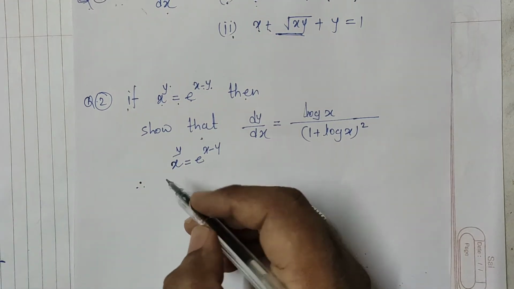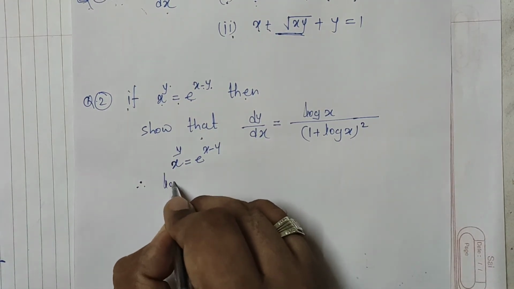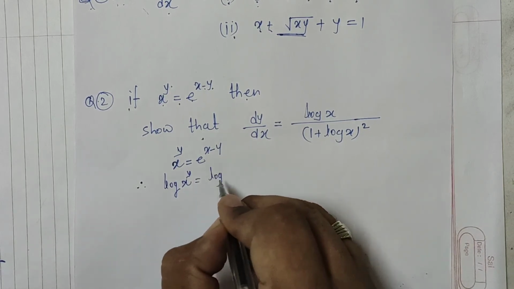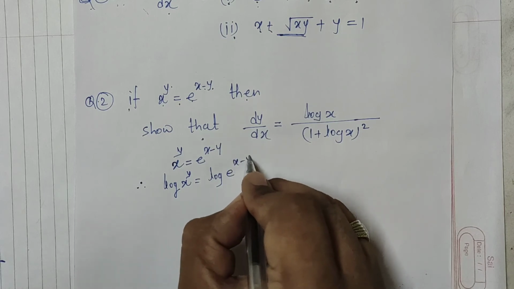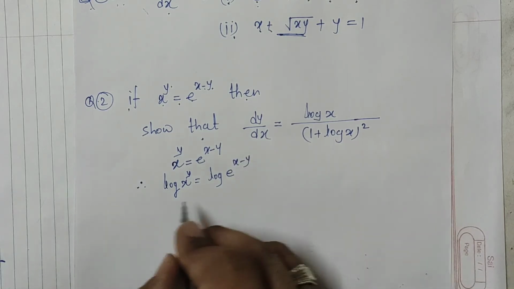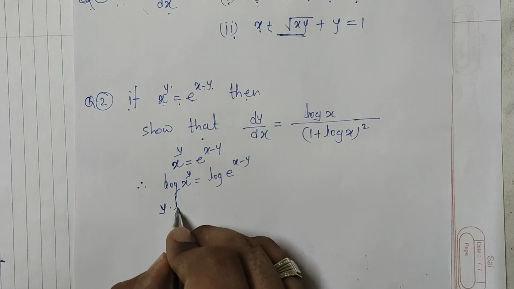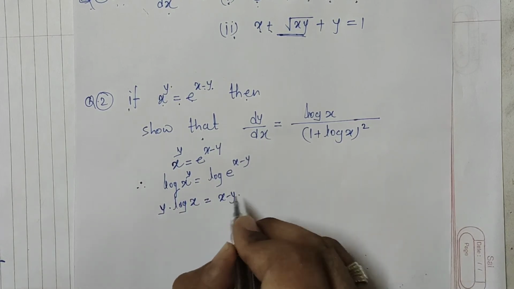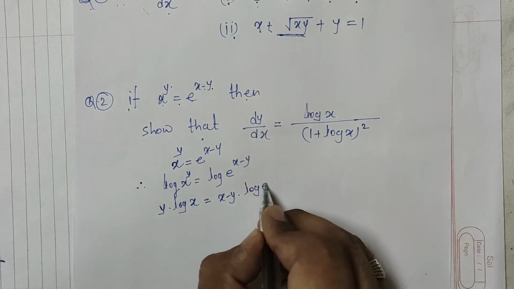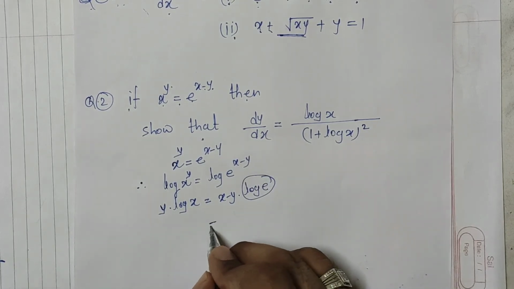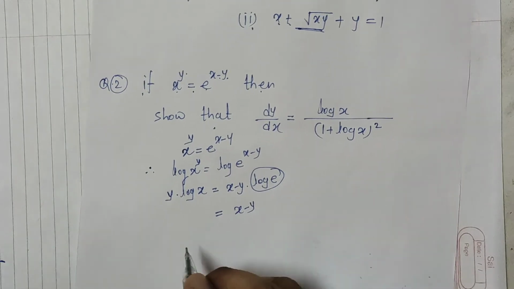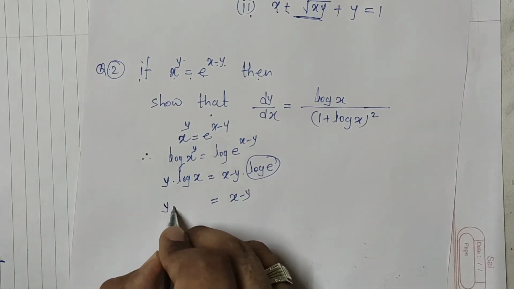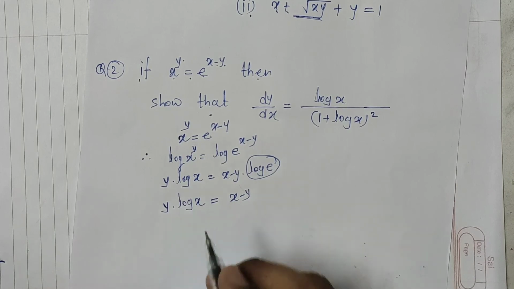Then differentiate, yes, taking log on both sides, we get log x raised to y is equal to log of e raised to x minus y. By the log property, y into log x is equal to x minus y into log e. What is log e? Log e's value is 1. So we get x minus y as it is, y into log x.